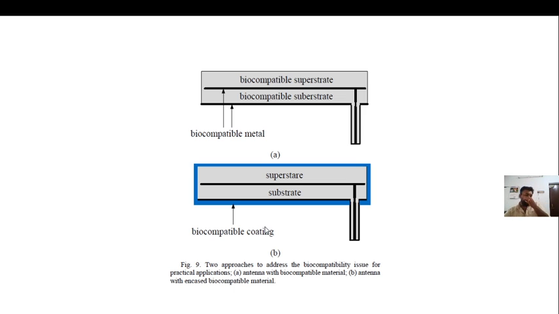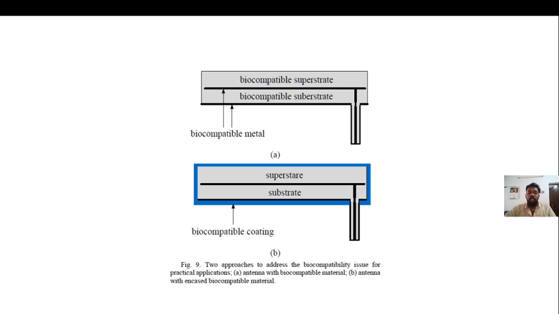In medical applications, there are two methods that have been implemented when designing an antenna. In the first method, you use a biocompatible substrate or superstrate and biocompatible metals in your design.